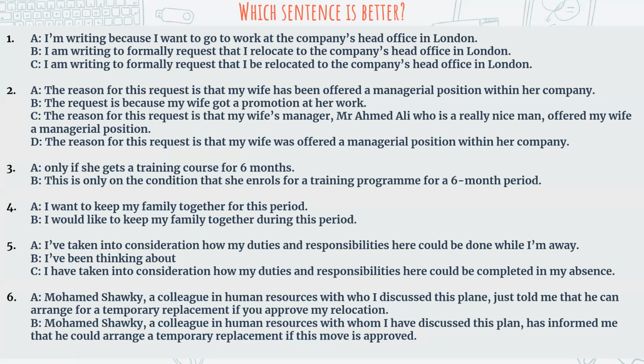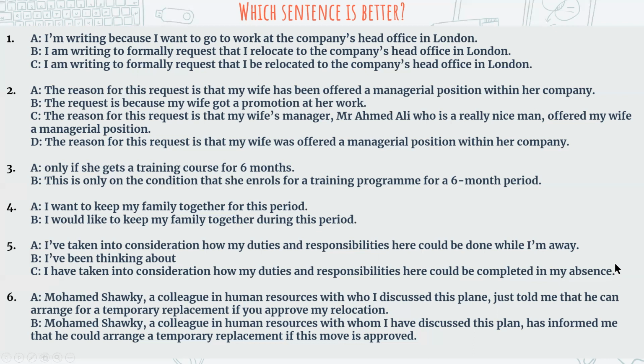What about 5? A, I have taken into consideration how my duties and responsibilities here could be done while I'm away. B, I've been thinking about. C, I have taken into consideration how my duties and responsibilities here could be completed in my absence.